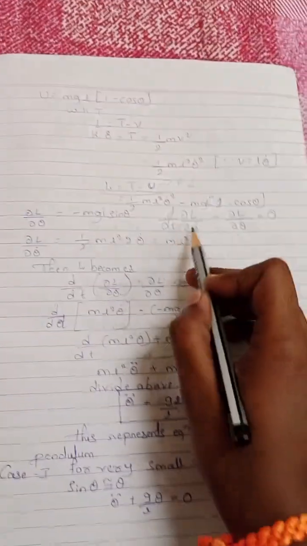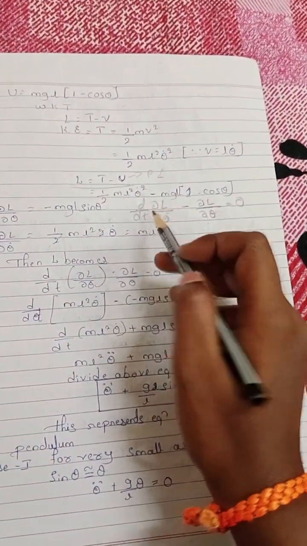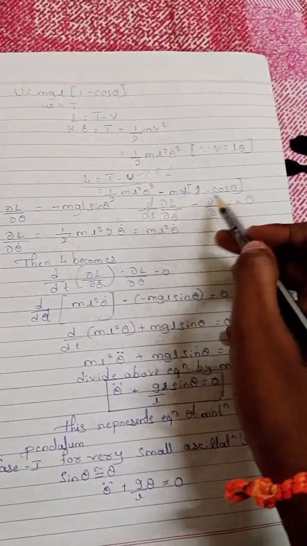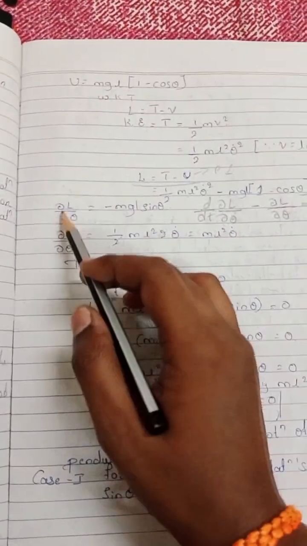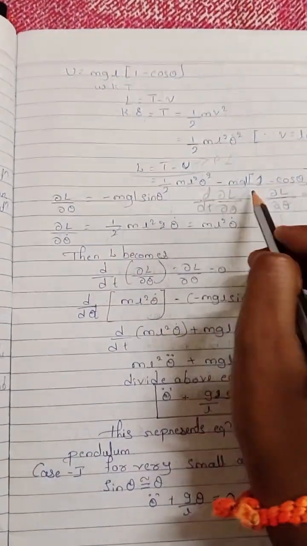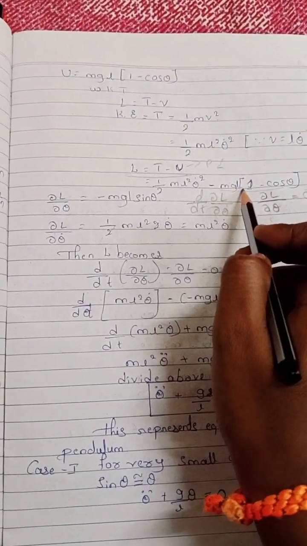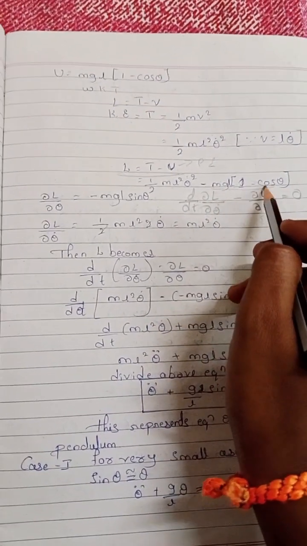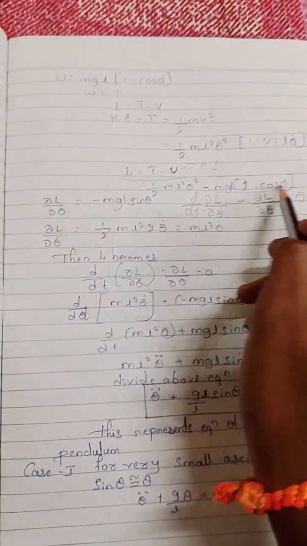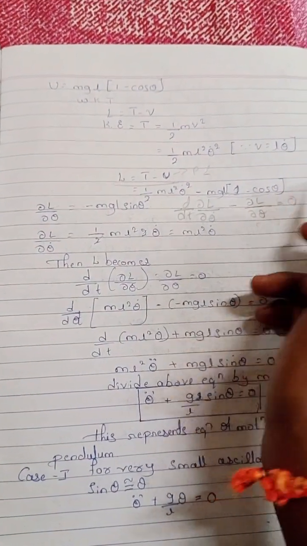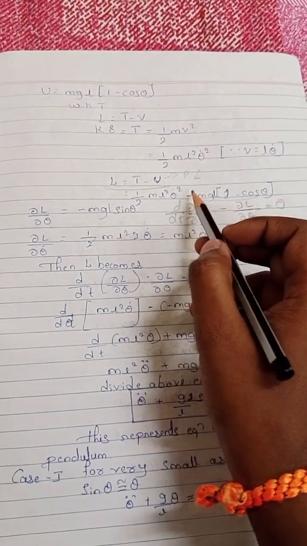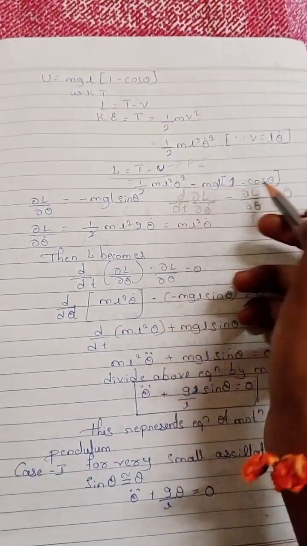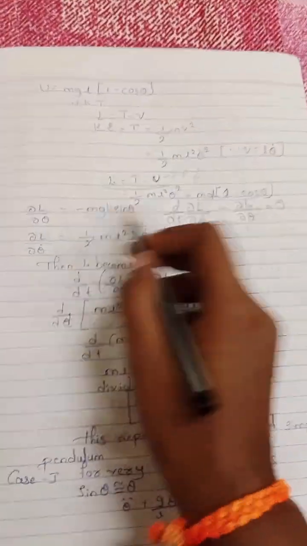To satisfy this, we have to find these two derivatives. Okay, so the partial derivative that we found here, dou L by dou theta: mgl remains as it is. Minus cos theta, its differentiation becomes minus of sin theta, so minus into minus is plus. The cos theta differentiation is minus, so we get minus sin theta.